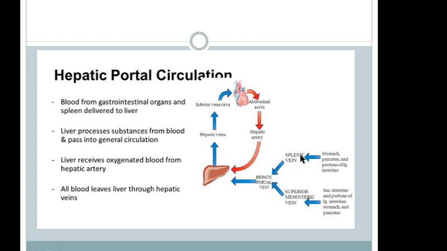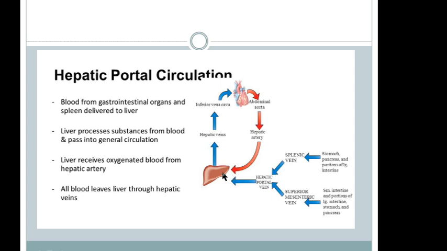It receives blood through the splenic vein from the stomach, pancreas, and a portion of the large intestine, and through the superior mesenteric vein from the small intestine and portions of the large intestine, stomach and pancreas. So through the hepatic portal vein blood enters from the intestine to the liver, so it is also called the enterohepatic circulation, and it contains deoxygenated blood.